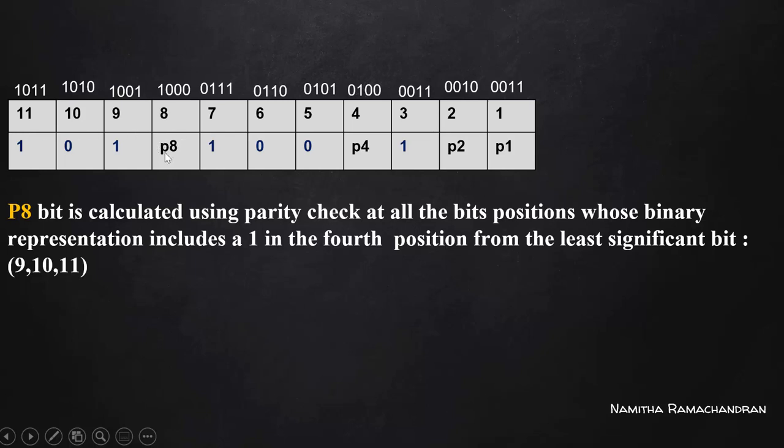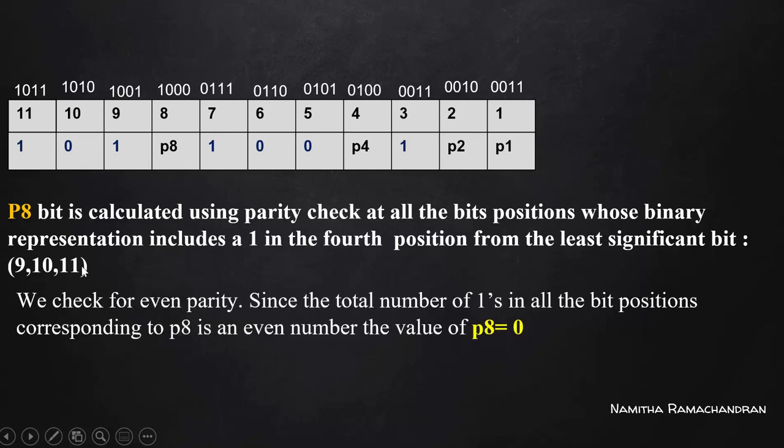We need to focus on the values present at location 9, 10, 11. Here the fourth least bit position has value 1. So here at 9 we have 1 and here also 1. That means total 2 ones in these 3 locations. 2 is an even number. Okay, so already an even number of ones are present here. So P8, this particular redundant bit, is set with a value 0.